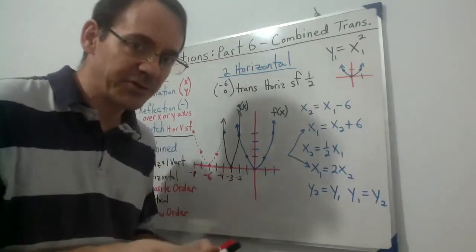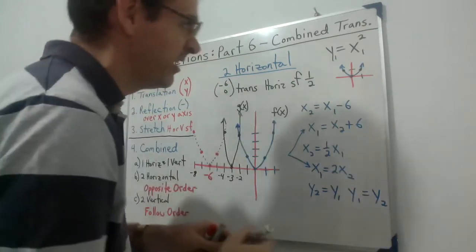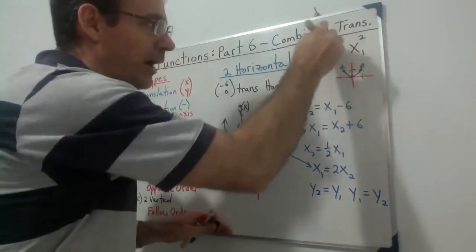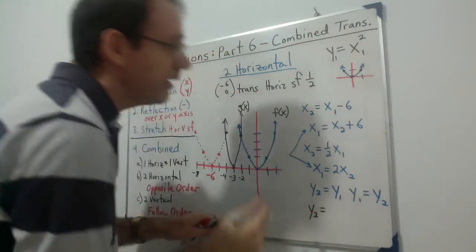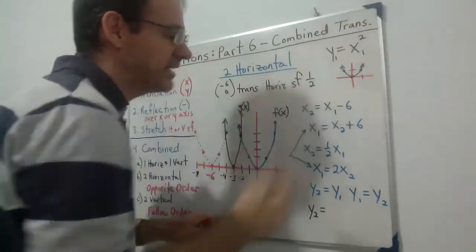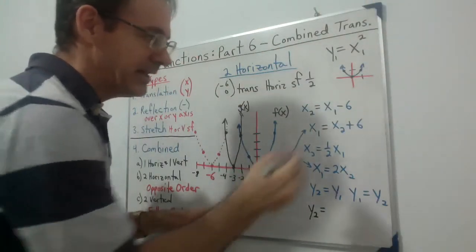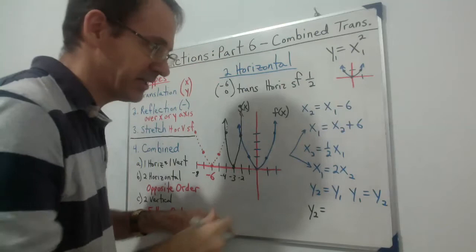Now we have substitutionary values here. So if we want to go back up here, our y1 can just be substituted with y2. Our x1 inside the square here needs to be a combination.